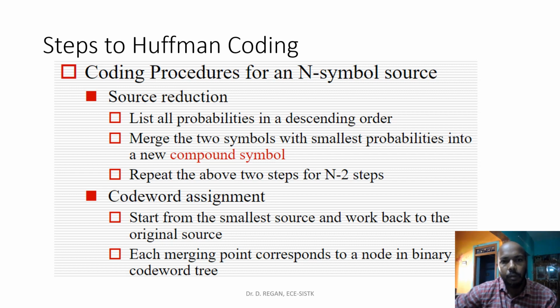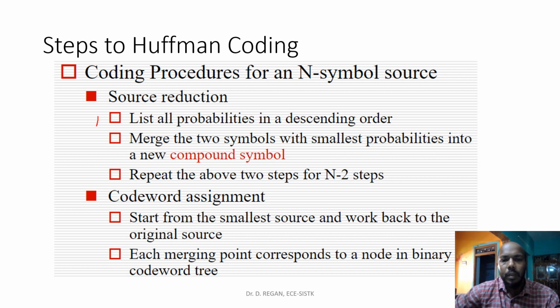Before going to solve the problem, we will take one simple recap of the Huffman coding algorithm steps: how to compute the Huffman coding for the given symbols. If you take any source which may emit different symbols with symbol probability values, the first step is we must arrange all these symbols based on their probability values in descending order.